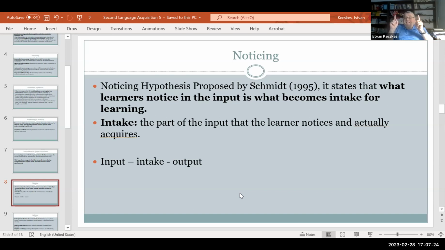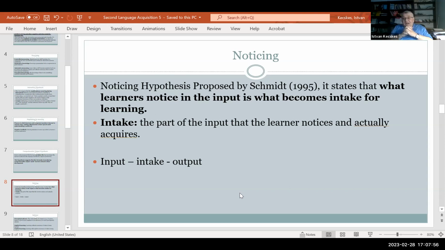One of them was intake. Earlier, people thought that there is a direct connection between input and output. Even nowadays, if you read some studies on second language acquisition, some scholars forget about the fact that there is no direct connection between input and output, because in between there is always intake. So the noticing hypothesis was the first that emphasized the importance of intake.